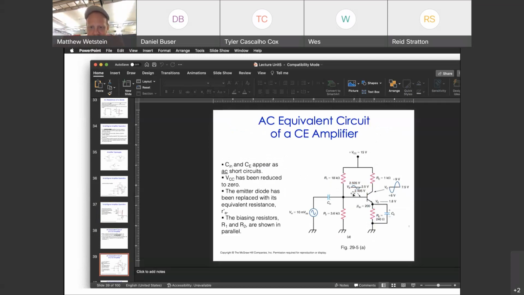In the case of a common emitter, you get very large voltage gain, where the small current through here, or the small voltage difference, which translates to a small current through here, makes a large current through here that once seen through this resistor turns into a large voltage swing.